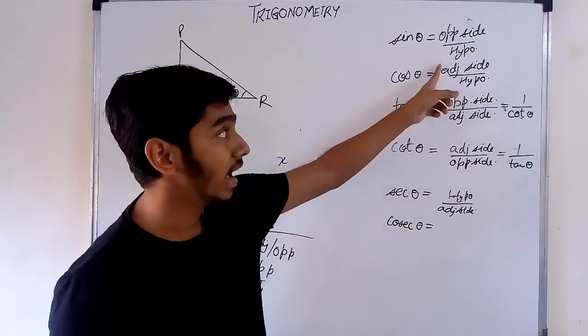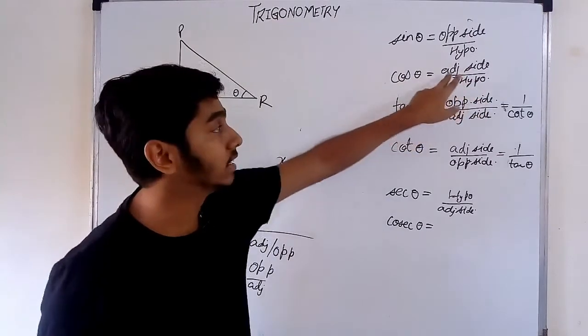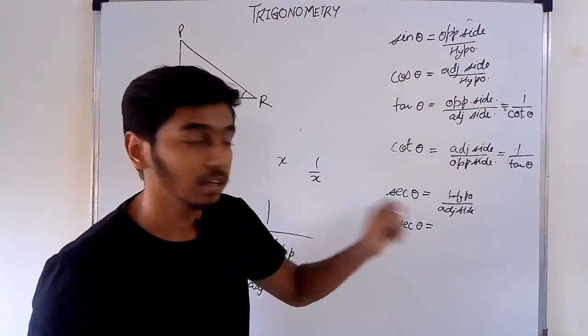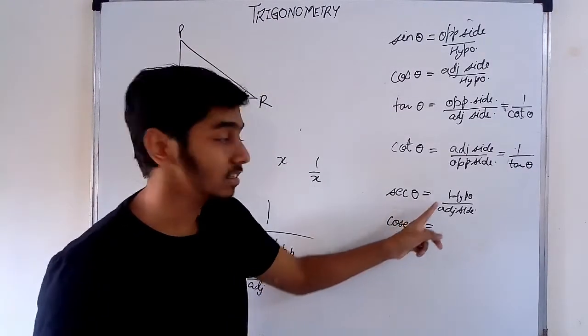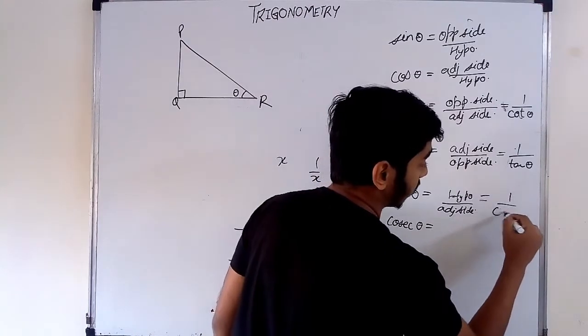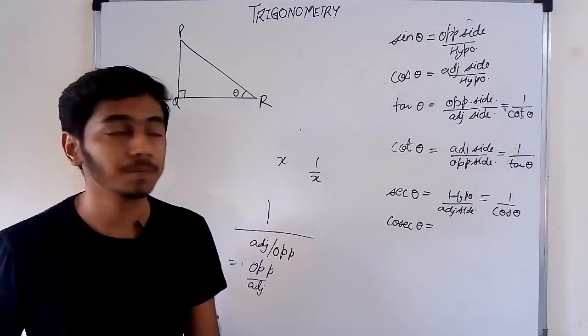Whereas adjacent upon hypotenuse is the ratio called cos theta. But sec theta is hypotenuse upon adjacent. So can I say this is 1 upon cos theta? Yes or no?